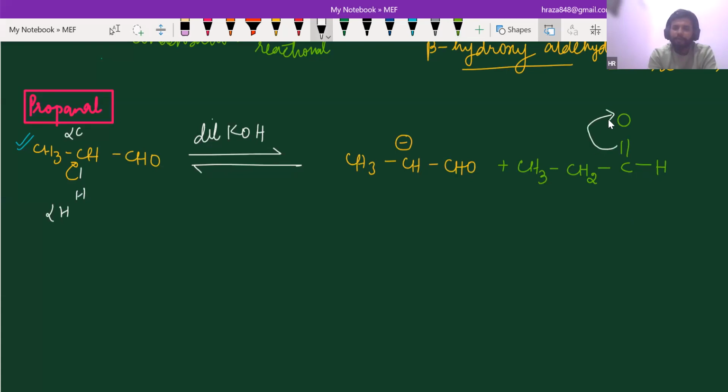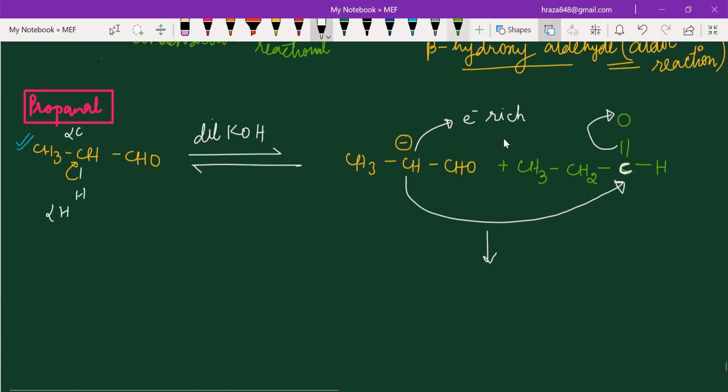Oxygen will take electron from carbon, so this carbon will have deficiency of electron. This carbon is electron rich, so it will attack on that. Are you getting my point?